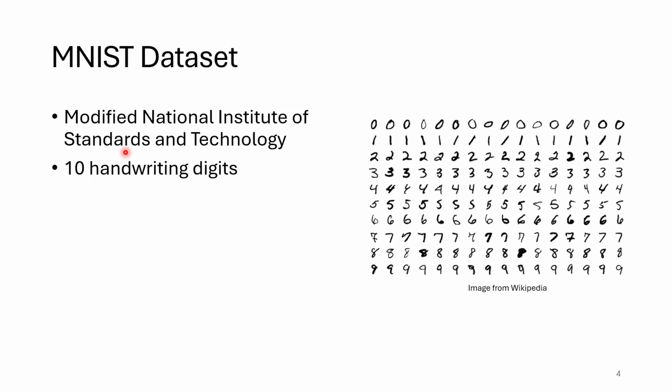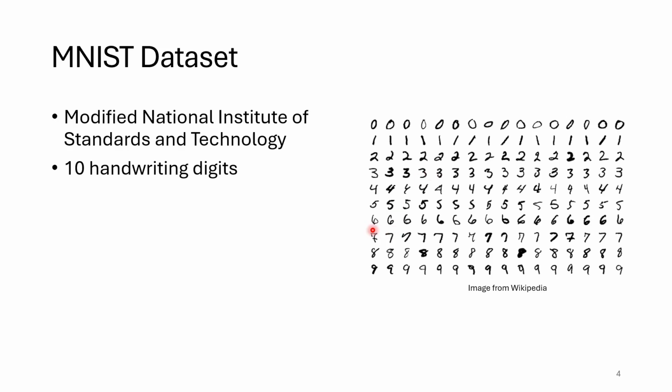This dataset was released almost 26 years ago. What they collected is handwritten digits. They collected those digits from checks and from envelopes, because we write zip codes on the envelope.